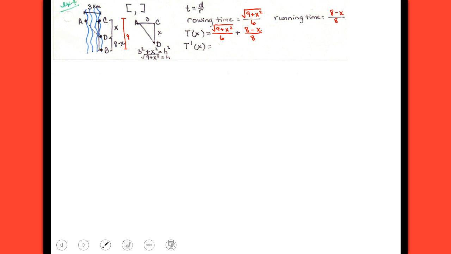All right, so if we're going to minimize our time, remember that your absolute minimum can be found at an endpoint, or it can be found at a relative minimum, which we're going to identify with critical numbers, right? So in order to identify our endpoints, let's think about the domain of x.